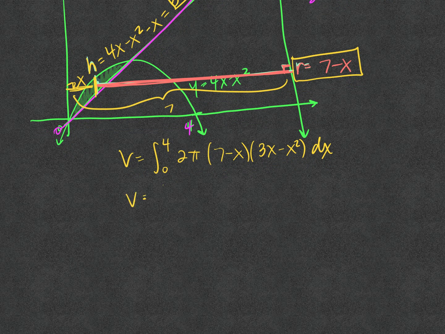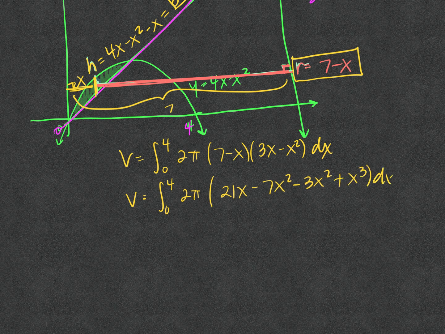So the volume equals the integral from 0 to 4, 2 pi. We're going to do FOIL here, and I'm going to waste an extra step because it's too late for me to be doing it in my head. So I get 21x minus 7x squared minus 3x squared plus x to the third with respect to x. And I'm going to pull out my 2 pi and combine like terms.